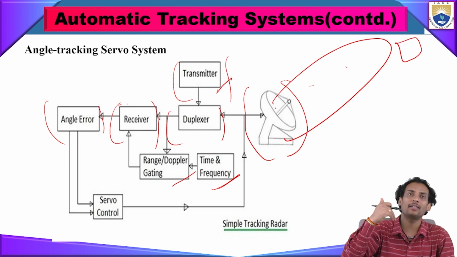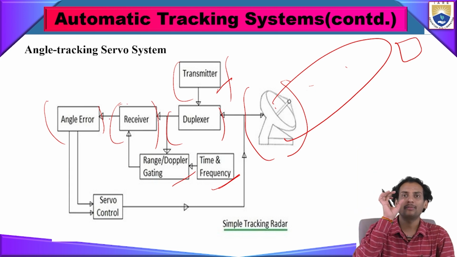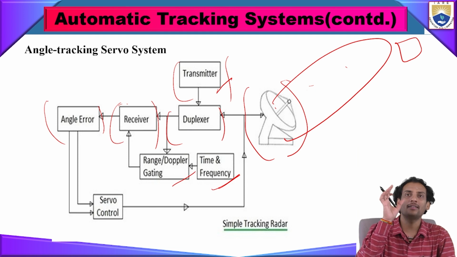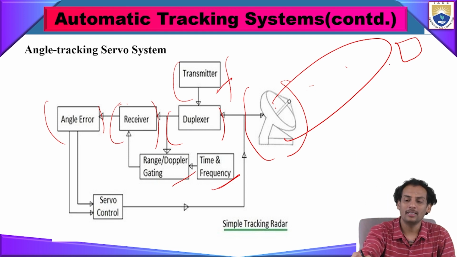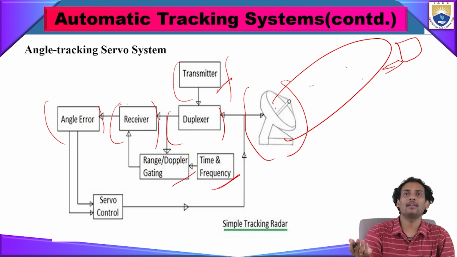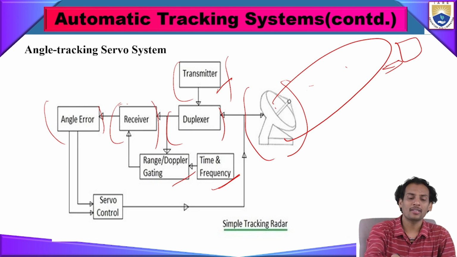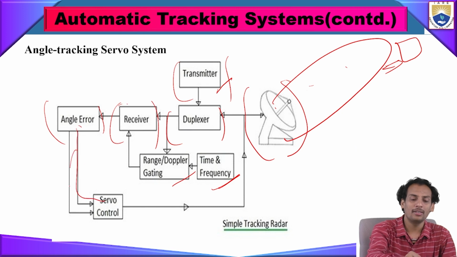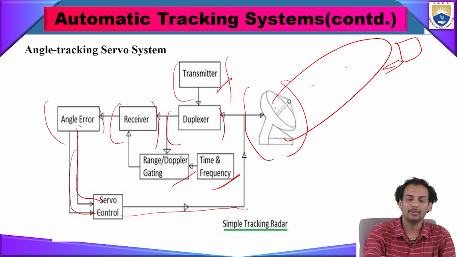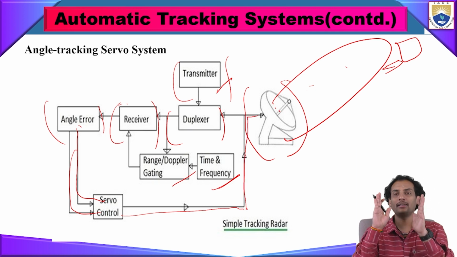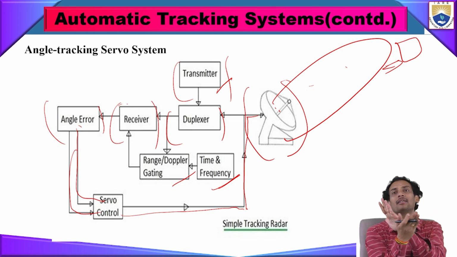Then it will do the positioning and the angle error calculation. If any angle error is there, it will do that error detection, and that gives the feedback to the servo control. The servo control will give the input to the radar, and accordingly the radar movement will change.